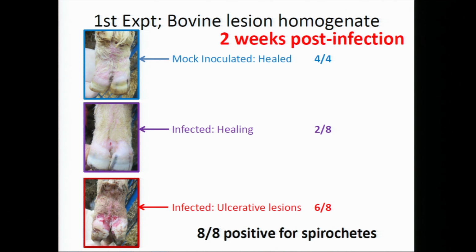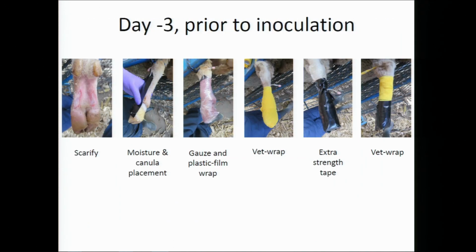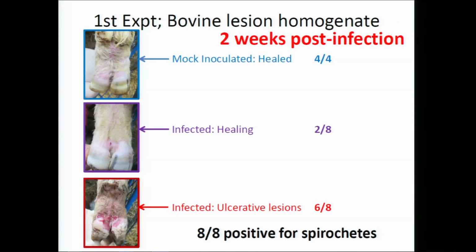All 8 were positive for the presence of spirochetes. The other point I would like to highlight is you saw the image where we performed the lesion, the position of that. And where the actual ulcerative lesions appear, you can see it's not consistently at the same spot where we performed the abrasions, and that's consistent throughout all our observations.